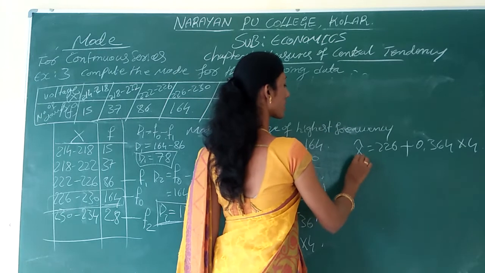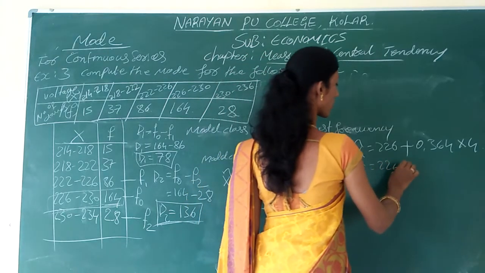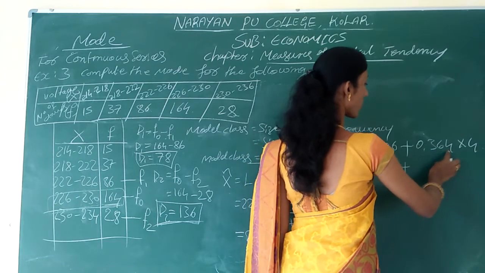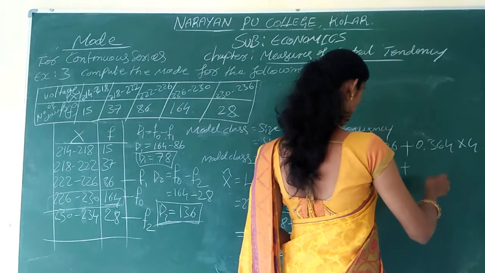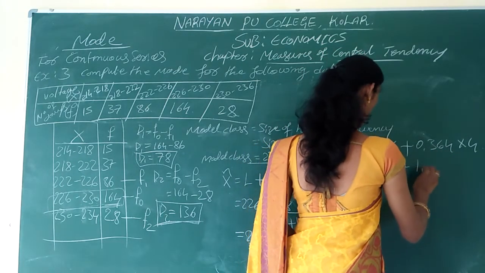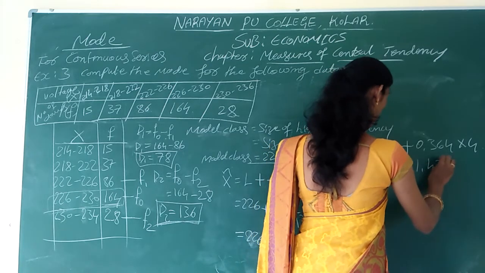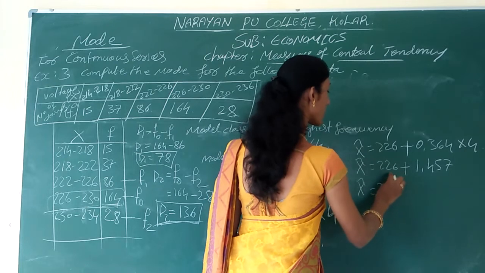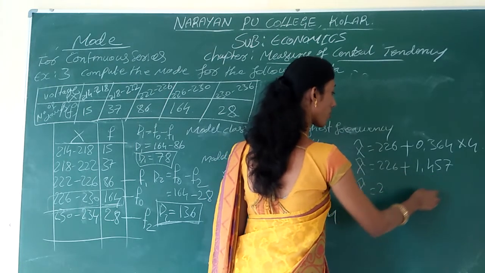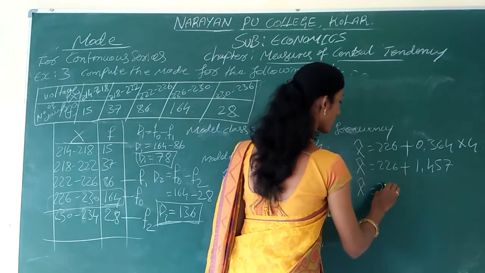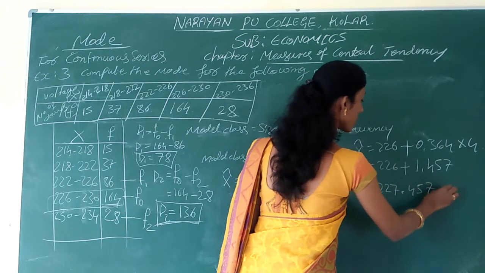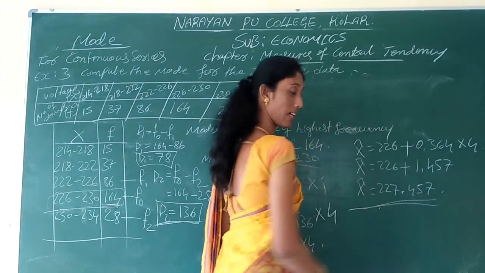Now mode is equal to 226 plus 0.364 into 4, if you do, you will get 1.457. Then the answer will be 226 plus 1.457 is 227.457. This will be the answer.